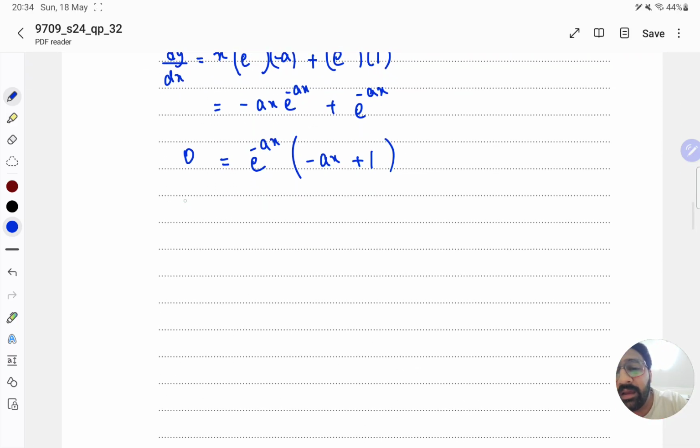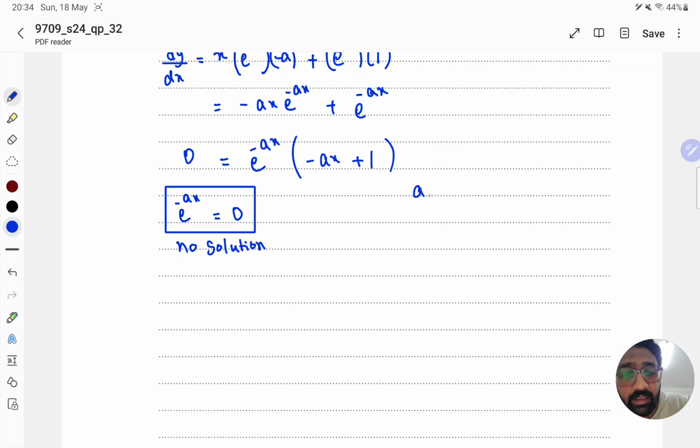One time e raised to the power of minus ax is equal to 0, which will not have any solution. And similarly minus ax plus 1 will also be equal to 0. Now if I simplify it further, I'll be left with the value of x as 1 divided by a.